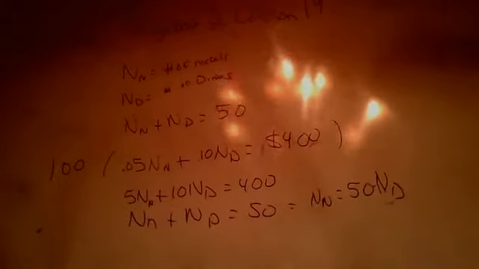I simply use algebra on that to change it. So I'm going to rewrite it up here. My two equations are n_n equals 50 minus n_d, and 5n_n plus 10n_d equals 400.